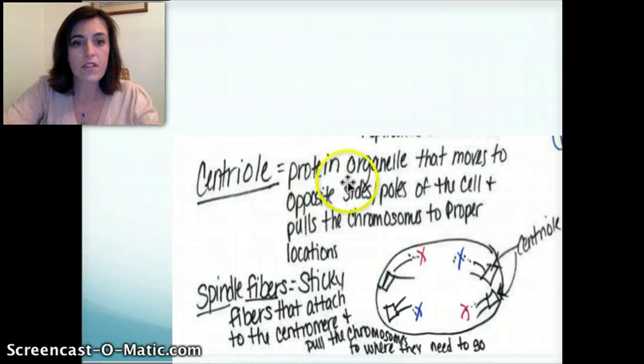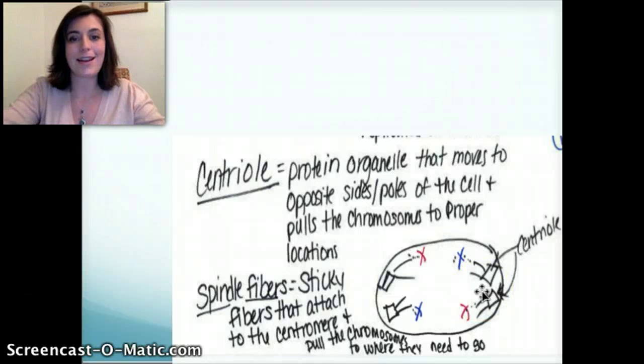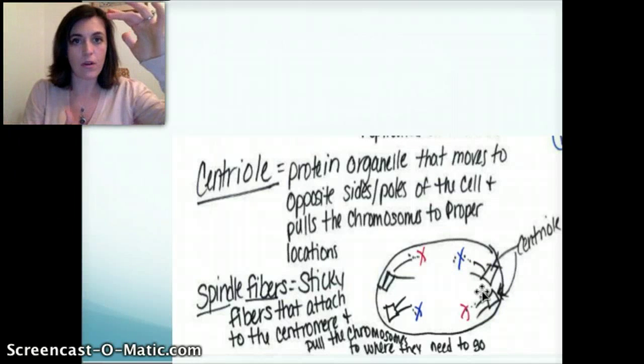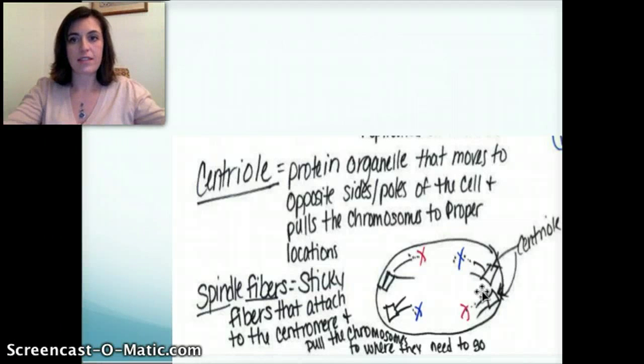These little protein organelles locate themselves at the edges of the cell, on opposite sides, or opposite poles. Think of the north and south pole on the earth. These are the points where they're going to pull the cell apart. Those chromosomes are going to be pulled to them.